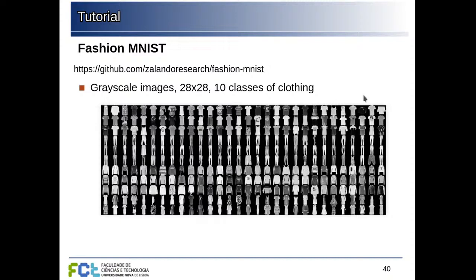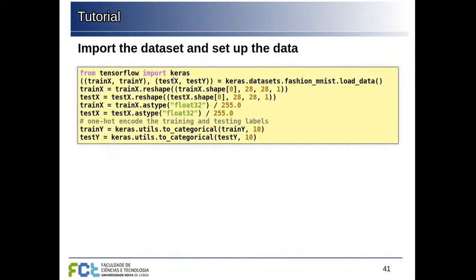So each image is in a different class, like trousers, shirts, pullovers, things like that, and you need to classify each image into the 10 different classes. The size of these images is the same as MNIST, 28 by 28 grayscale images, and you do basically the same thing. You can import this data set from Keras.